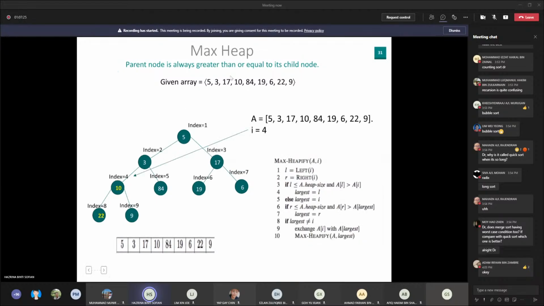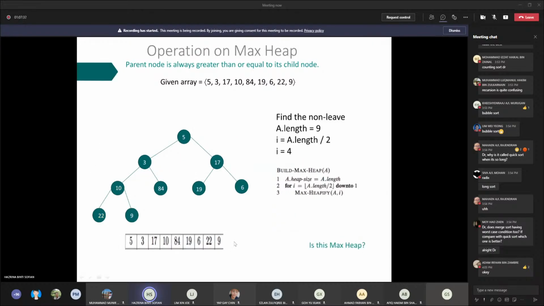So for us to do the operation of max heap, the first step is to build the heap first. Like I said, it will be top to bottom, left to right.